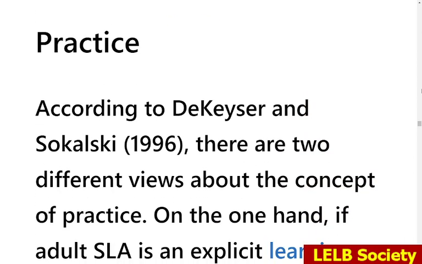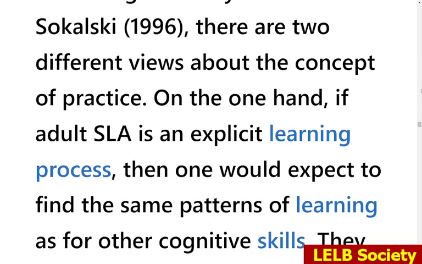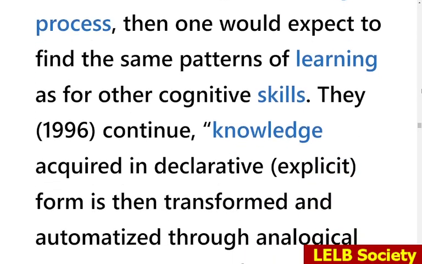Practice. According to DeKeyser and Sokolik, 1996, there are two different views about the concept of practice. On the one hand, if adult SLA, second language acquisition, is an explicit learning process, then one would expect to find the same patterns of learning as for other cognitive skills.